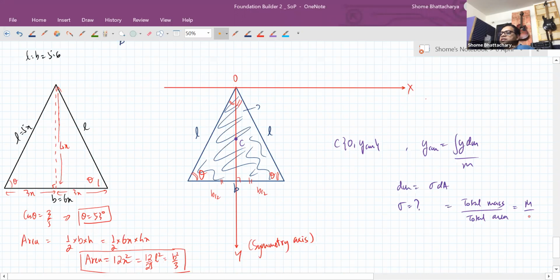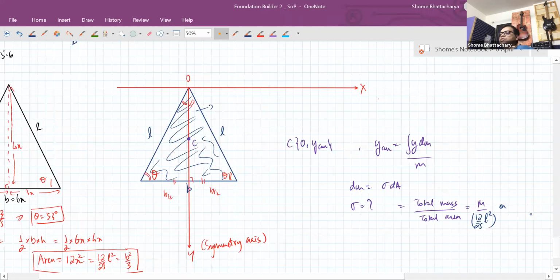So this area in the denominator here will become 12/25 L square, which is the same thing as b square by 3. So that is sigma.